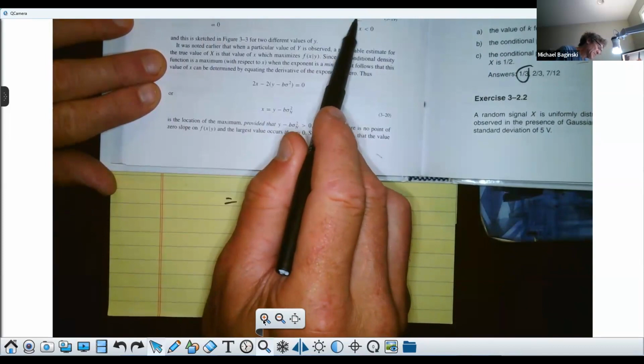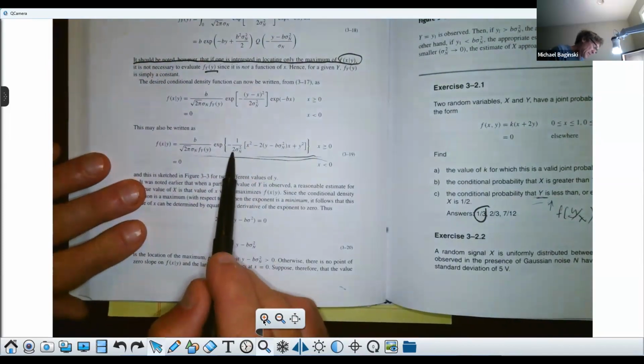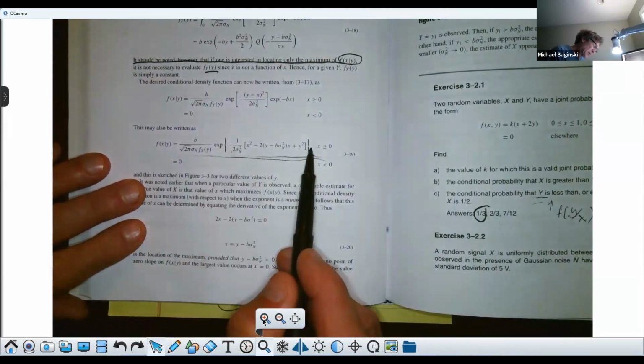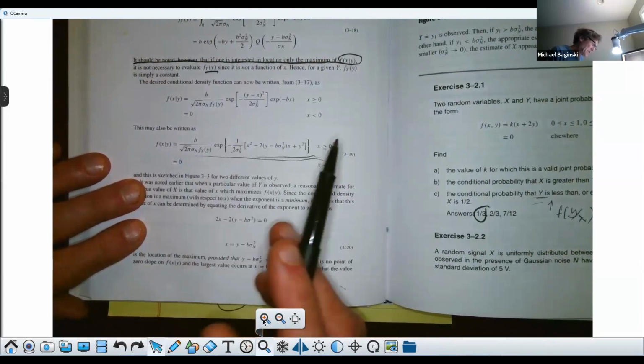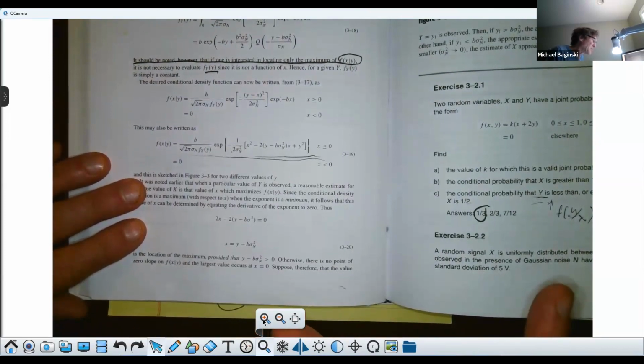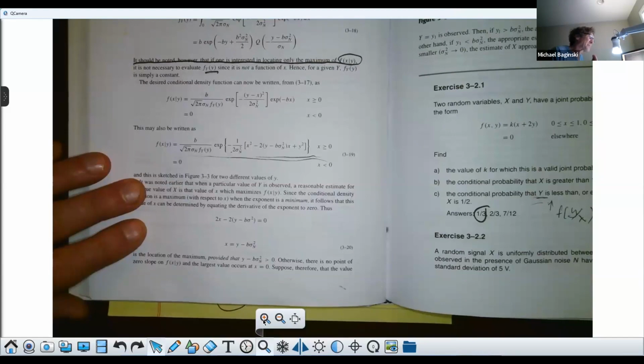Now, if you look at this right here, there's two ways to do it. You see how right here there's an exponential, and the argument inside the exponential will be a maximum when it's e to the 0, if it can't have positive values. Do you all agree with that, class? If you have e to the minus x squared, the value of x that makes that a maximum is x equals 0.